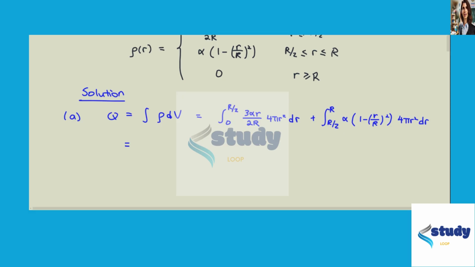Okay, so then for the first one we can pull out the constants, and then we are left with the integral from 0 to R over 2 of r cubed dr, and then we do the same thing for the second integral.